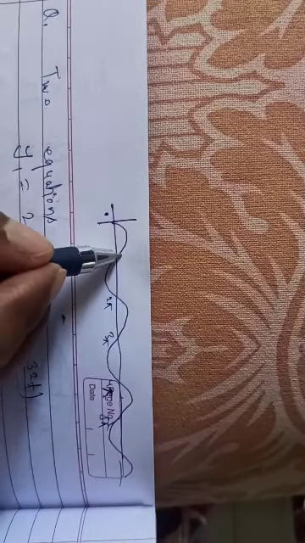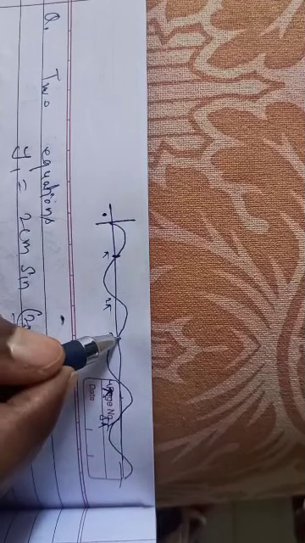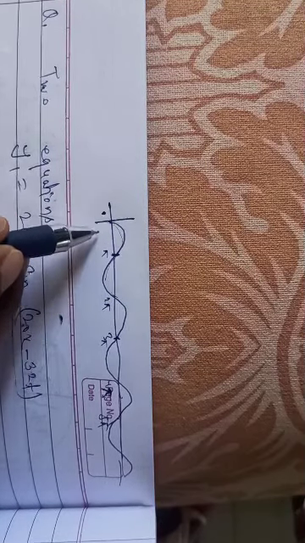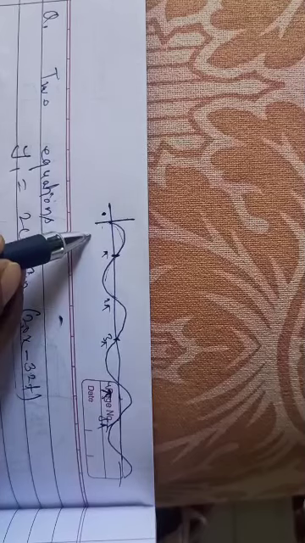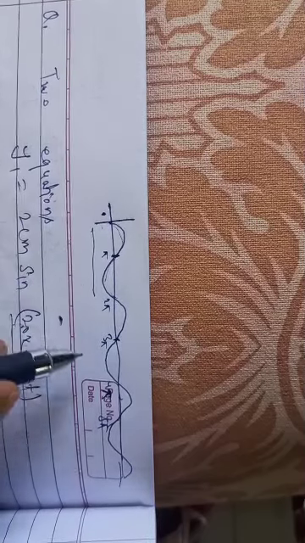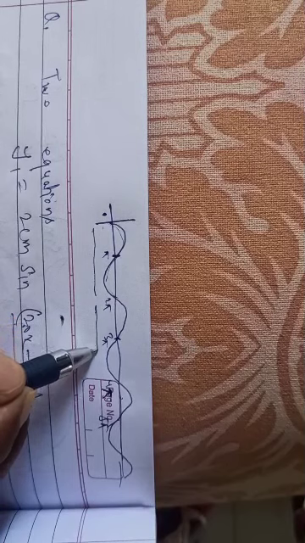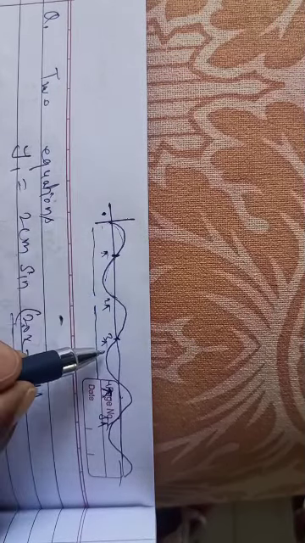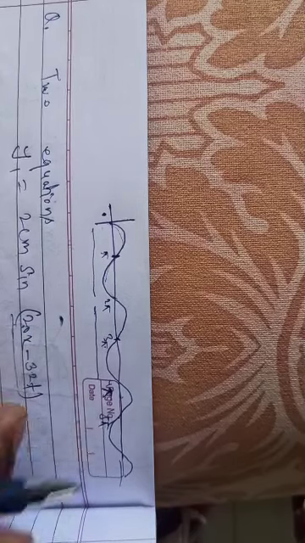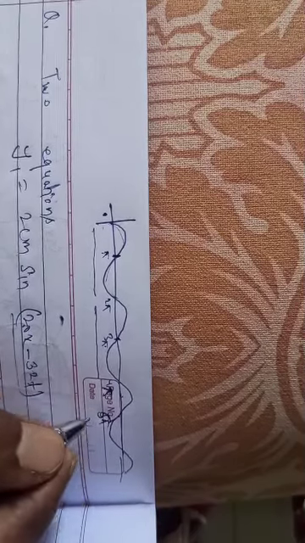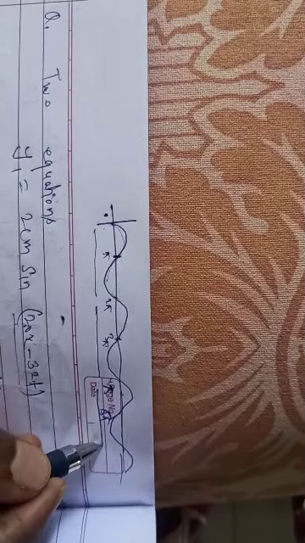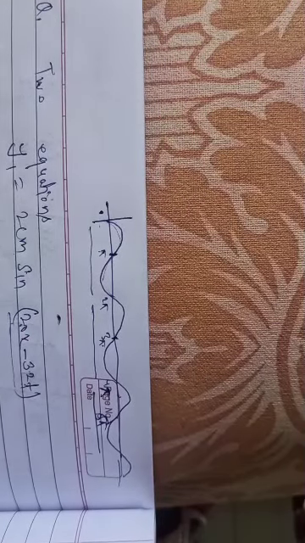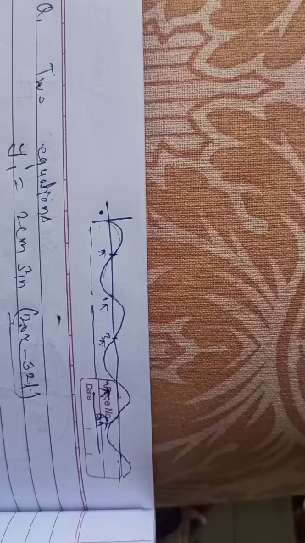So the pi point, 3 pi point. Okay, see 2 pi is for the complete wave, pi is for the half wave. So if you consider this is the complete wave, then this will be another complete wave, isn't it? So pi, 3 pi, 5 pi, all are the same, isn't it?